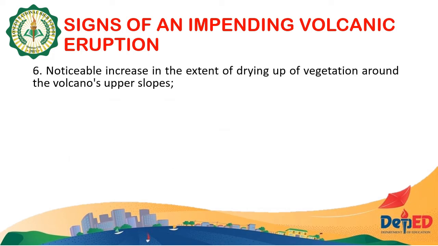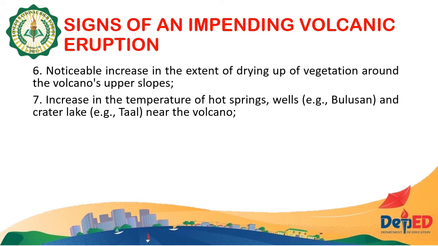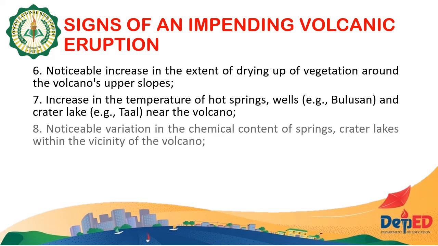Number 6, noticeable increase in the extent of drying up of vegetation around the volcano's upper slope. Number 7, increase in the temperature of hot springs, wells, and crater lakes near the volcano. And number 8, noticeable variation in the chemical content of springs and crater lakes within the vicinity of the volcano.